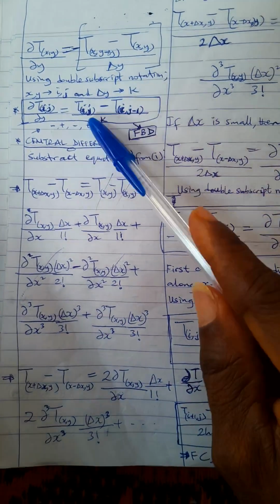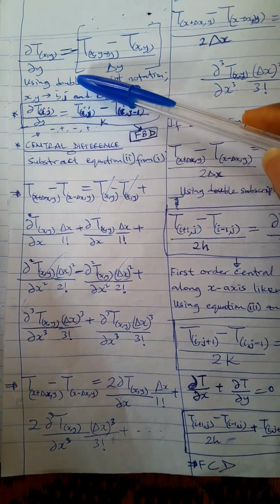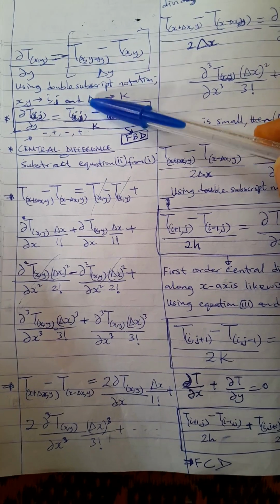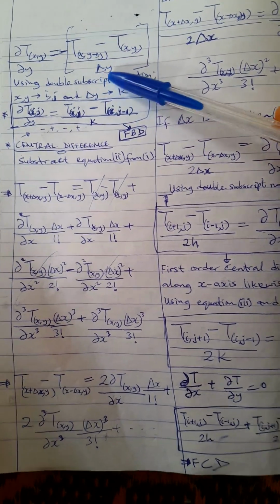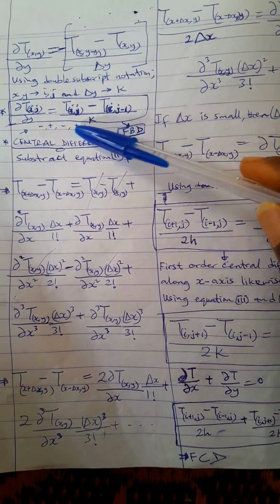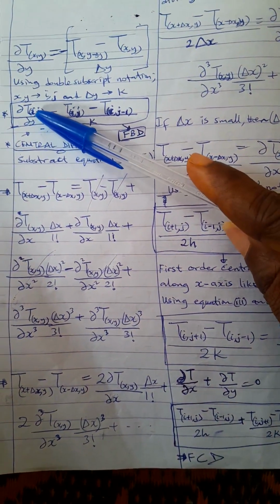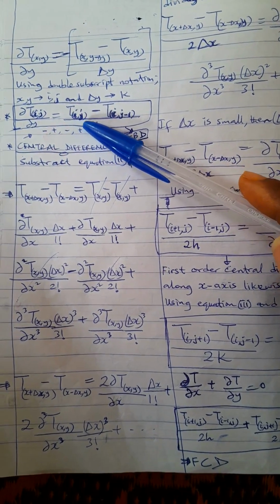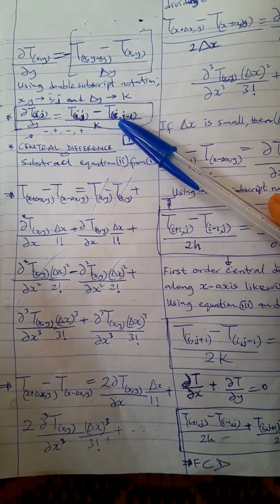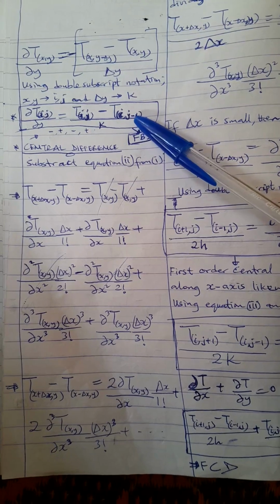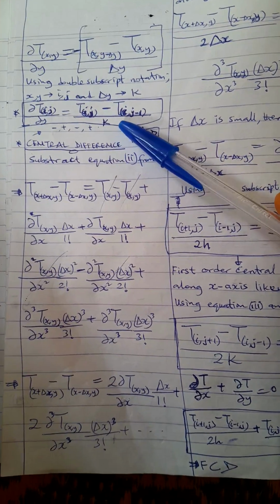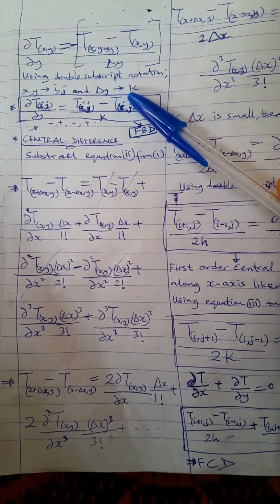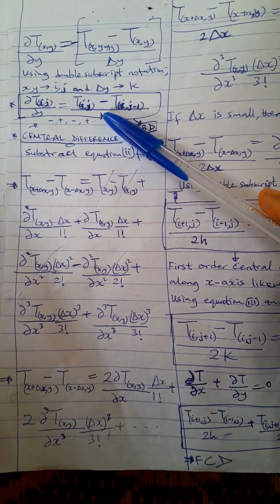Using double subscript notation now, you change your x to I and your y to j, and the increment here is now 1. Meanwhile, your delta y will turn to what? To k. So this is what you are seeing here. dT subscript I, j over dy equals T subscript I, j minus T subscript I, j minus 1, because y side is now decreasing, divided by your delta y, which is k.